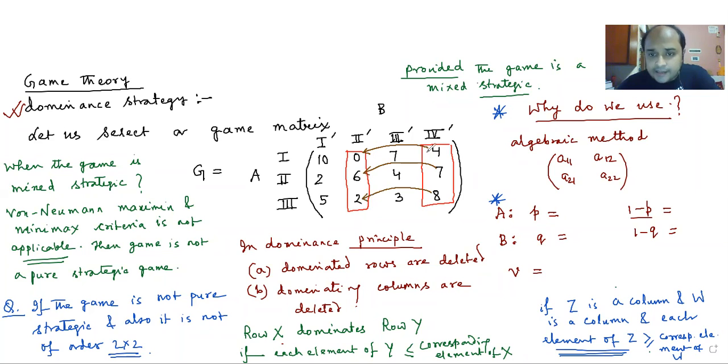So we can now say that each element of column 4 prime is dominating the corresponding element of column 2 prime. Previously, I wrote that each element of Y is less than or equal to the corresponding element of X. Don't say it like this. The word should not be each, because you see 4 is dominating 0, but 4 is not dominating 6.